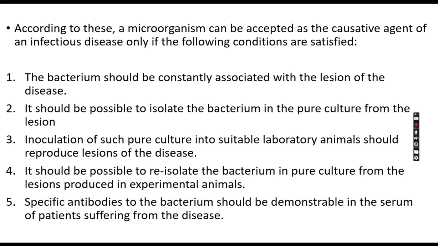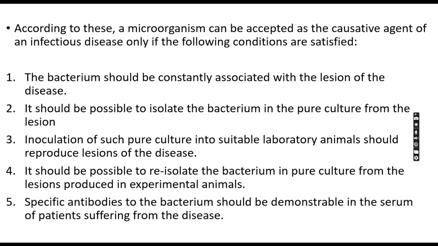Okay, so the fourth point says that it should be possible to re-isolate the bacterium in pure culture from the lesion produced in the experimental animal. Okay, so if you take a sample from that particular infected laboratory animal, you should be able to re-isolate the bacterium. In the second point, you isolate the bacterium from the patient sample.